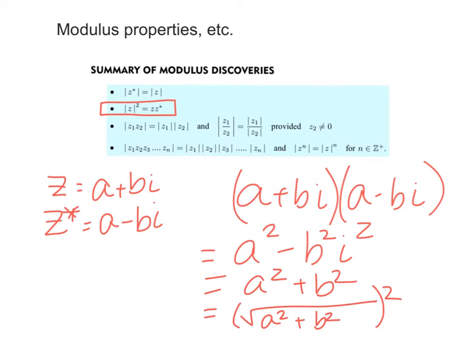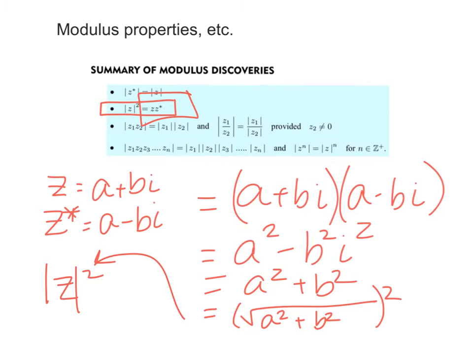This part underneath the radical is the modulus of vector z, because it just becomes a squared plus b squared, take the square root of it. And so what we have shown here, the last step, is that this is equal to the modulus of z squared. I guess I didn't show the very first step. The very first step would be what we have here, z times z star.